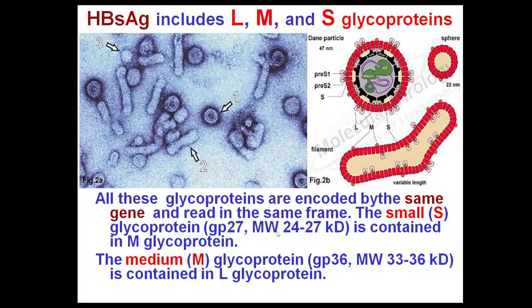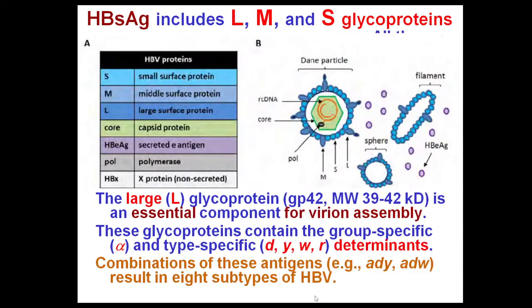The small glycoprotein is contained in the M glycoprotein, and the M glycoprotein, which is larger, is contained in the L glycoprotein. We will see it right now. See? In the Dane particle, we can have S, M, and L glycoproteins.